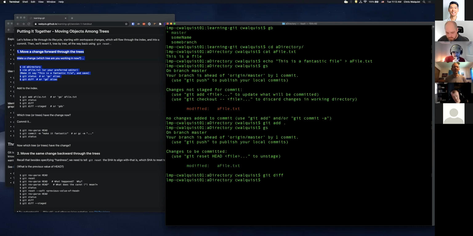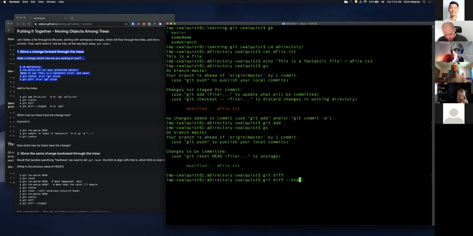It's our current tree in the sense of our workspace. Yeah, by default it compares your workspace tree to the index. And we don't really have any differences because with our git add, we took what was in our workspace tree and copied it to the index. So now they're in sync. So git diff returns no difference.